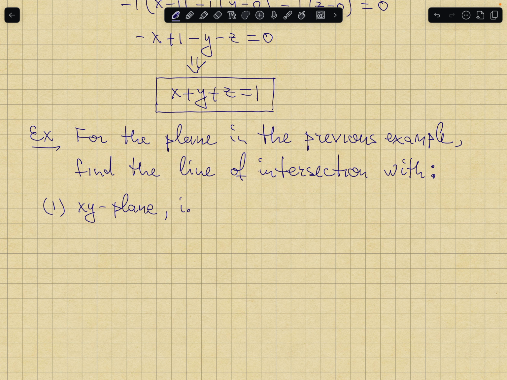The xy plane, it is clear, is defined by the equation z equal to 0.